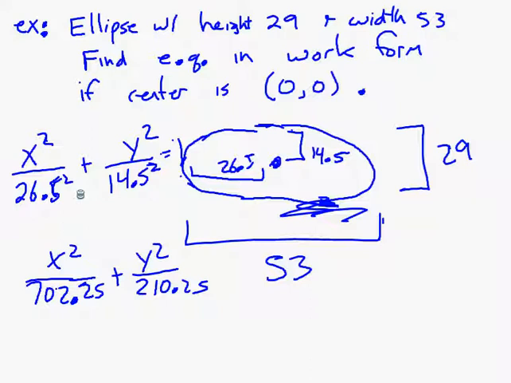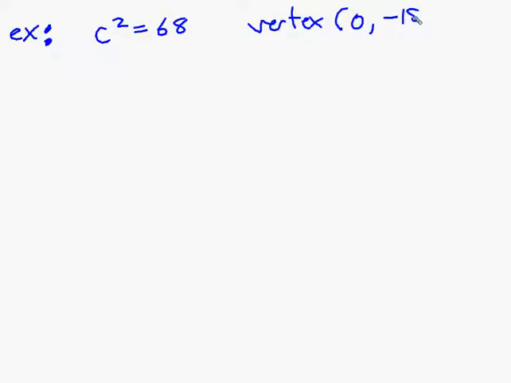All right, let's do another one. Another puzzle. Same question, I'm going to want the equation, ultimately. Let's say c squared equals 68, and I give you a vertex at 0, -18. And again, the center will be 0, 0.